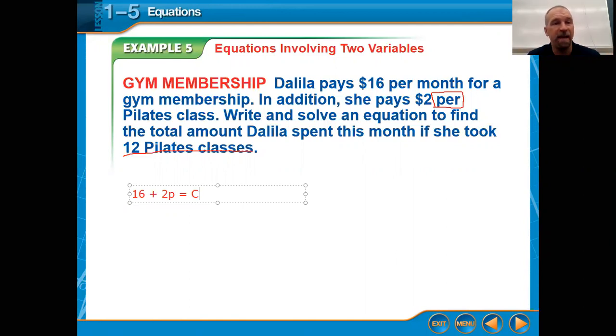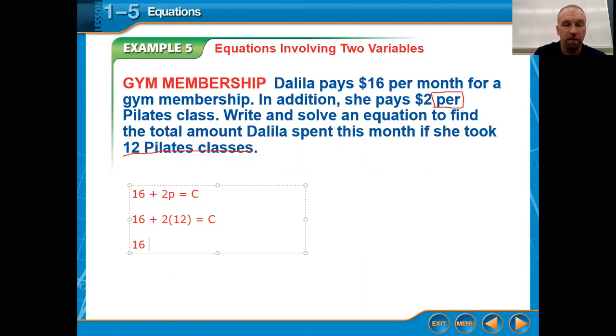And now they give me a value to put in for the Pilates classes. They tell me that there are 12 Pilates classes. So I will substitute in and replace that. So 16 plus 2 times 12 will equal the total cost for Delilah at the gym. And now I will do the multiplication first. 2 times 12 is 24.